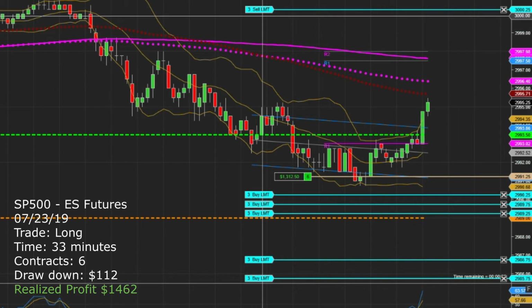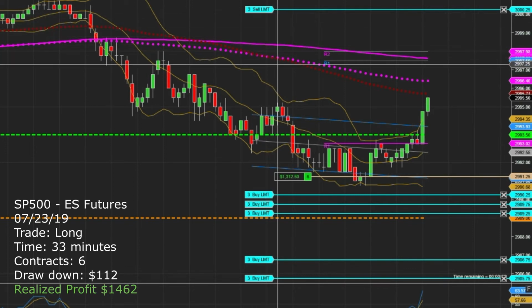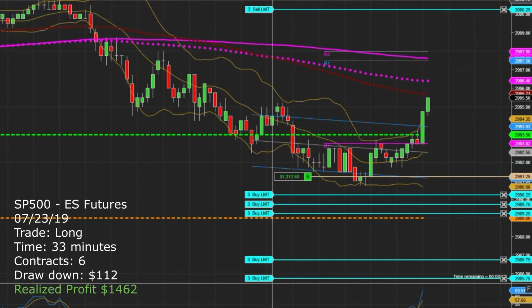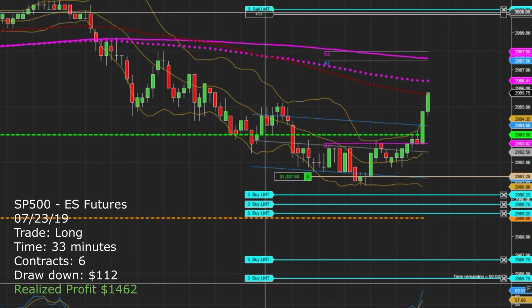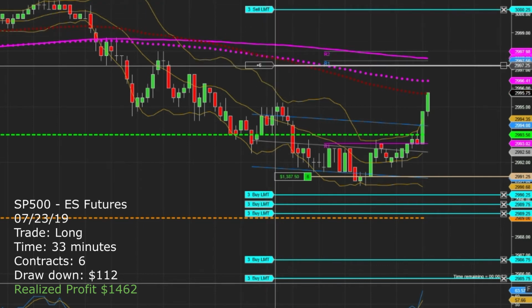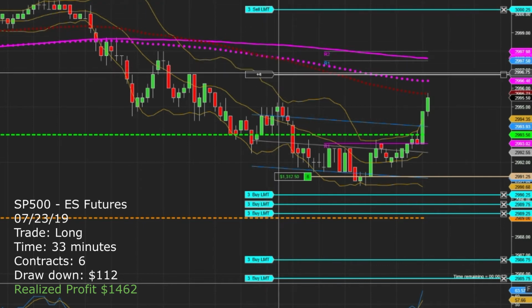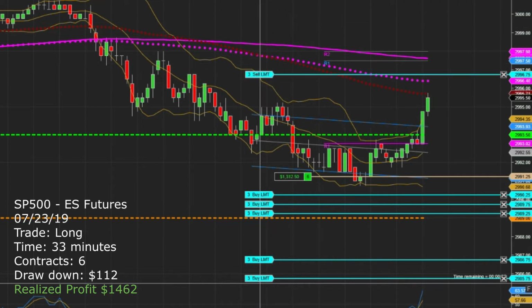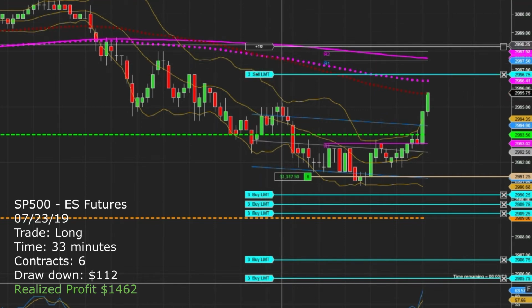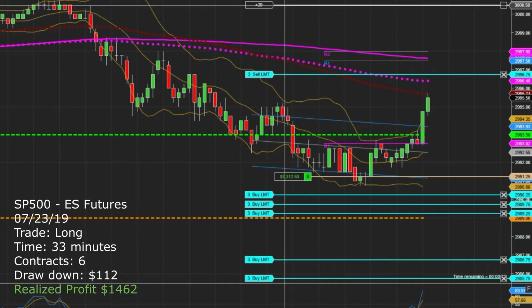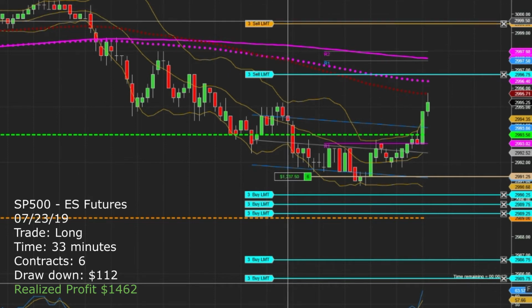Readying a few sell orders up above to take profit. We'll observe price action here and the indicators and move one contract into position. Move another down here into position in case we get a big spike up.